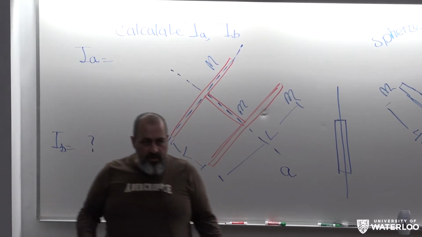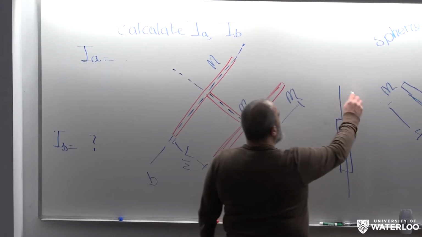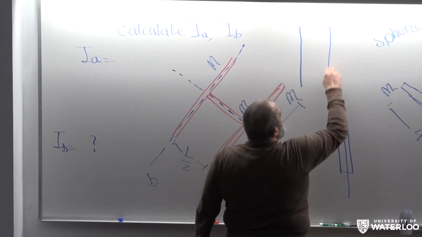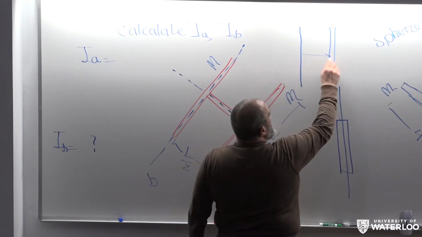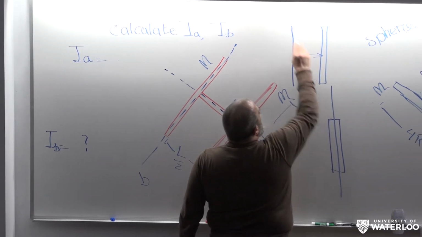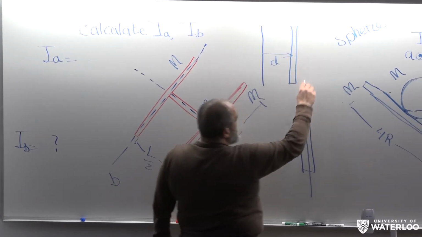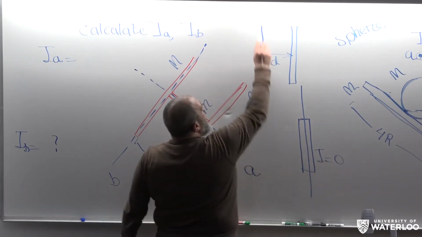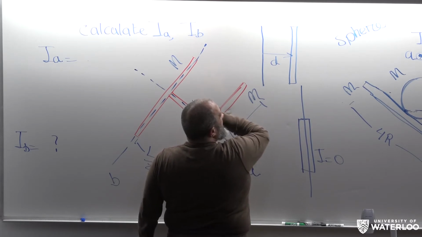What is I of a bar like that when the bar is over there? If this is D, what is I about this axis? So I is 0. I about this axis, can't call it A. What do you want to call it?